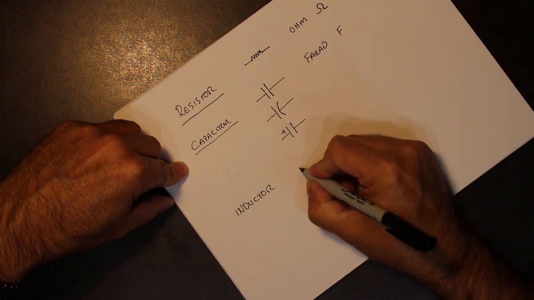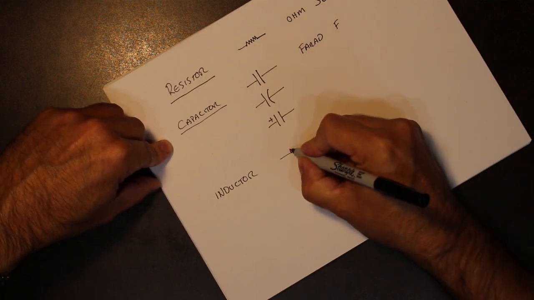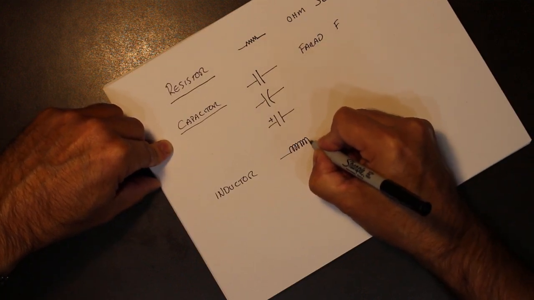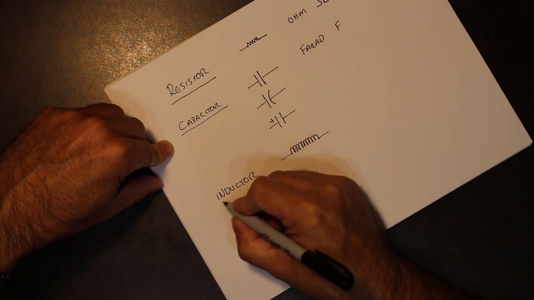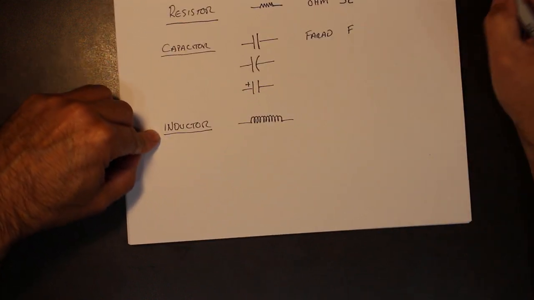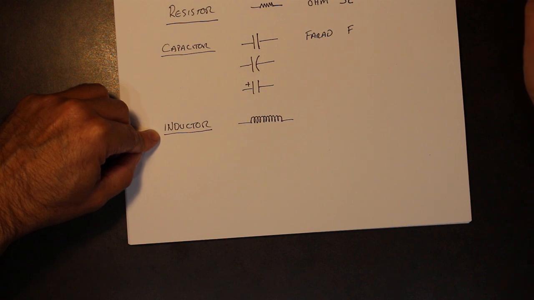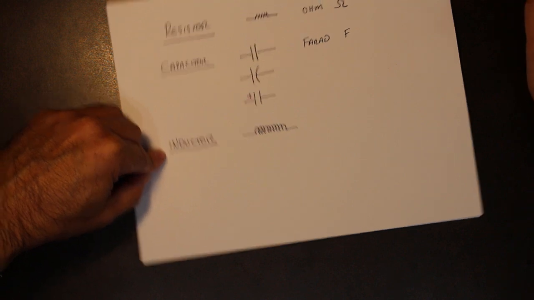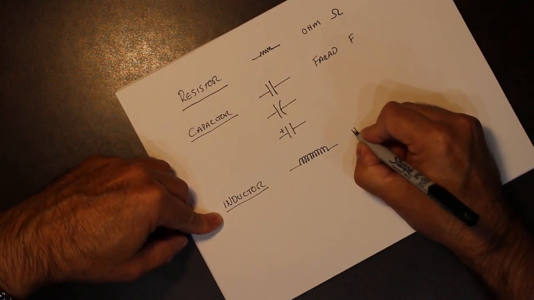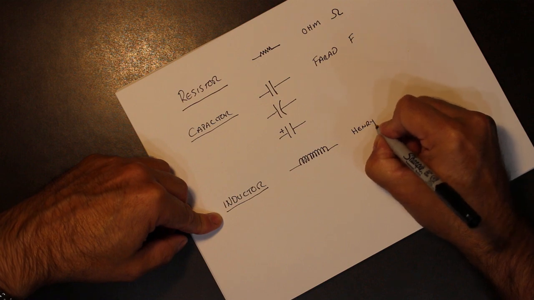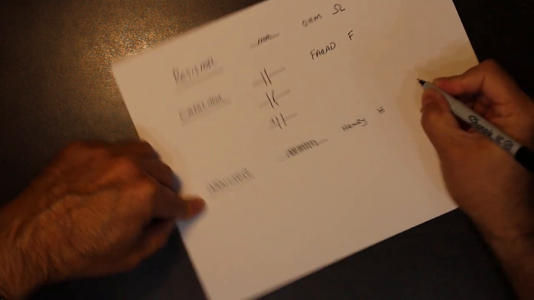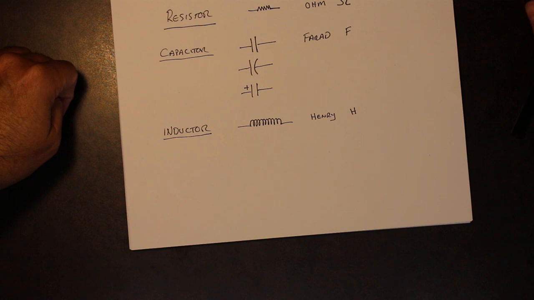So that's what a capacitor does. An inductor. Its symbol looks like a coil, because that's what an inductor is. It's a coil. The unit is the Henry. H for Henry.